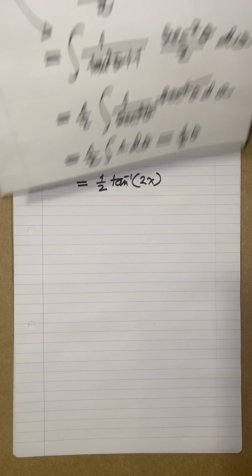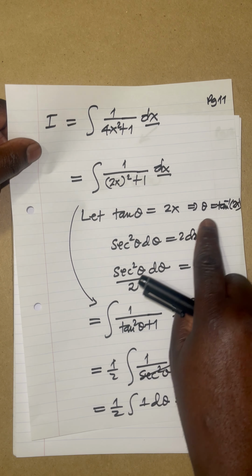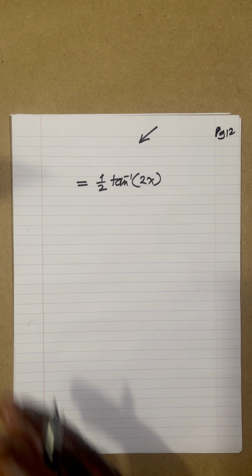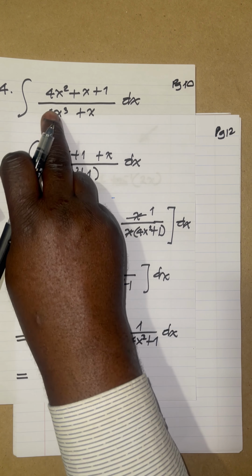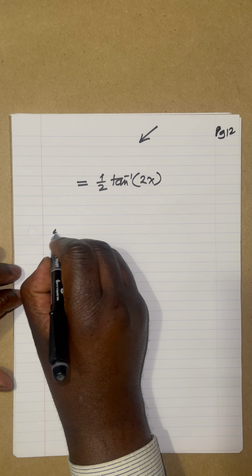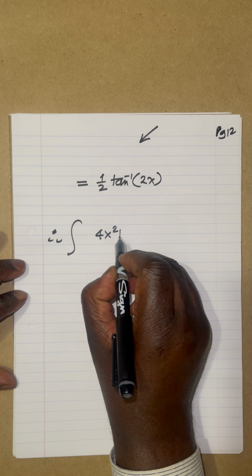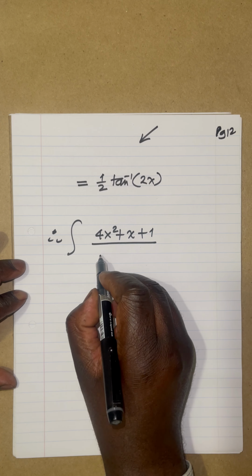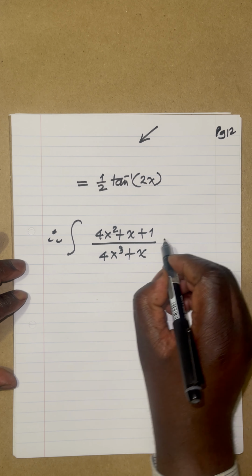You can see here clearly that this is the integral we have, and half theta, and theta is tan inverse of 2x. We had to put it there to obtain that. Now we can go back and say, in conclusion, this expression into that place will give us the integral of 4x squared plus x plus 1 all over 4x cubed plus x dx.